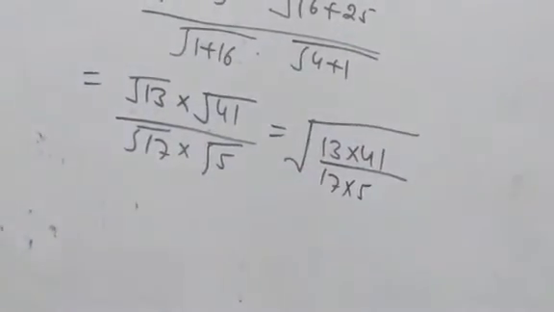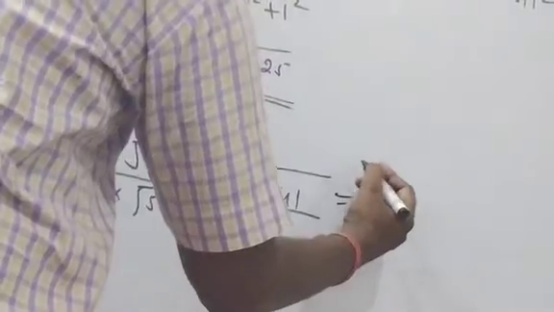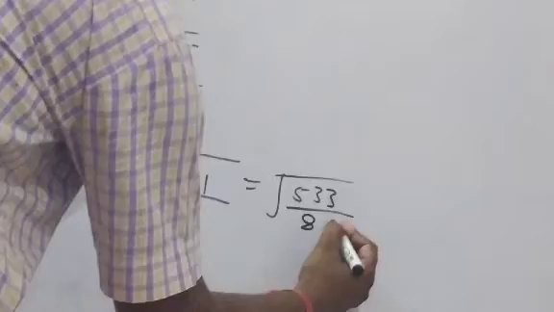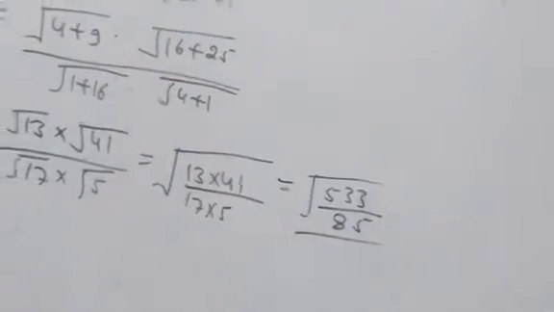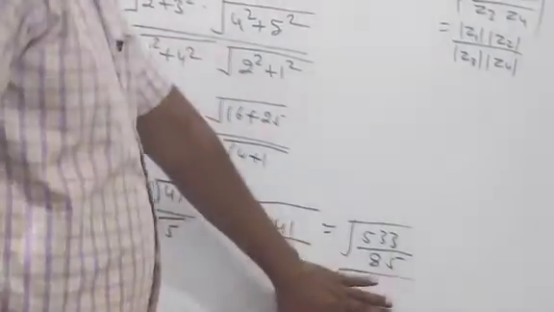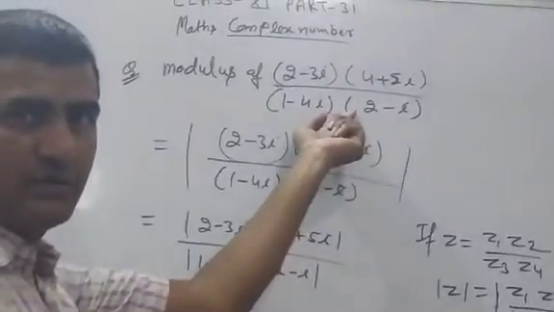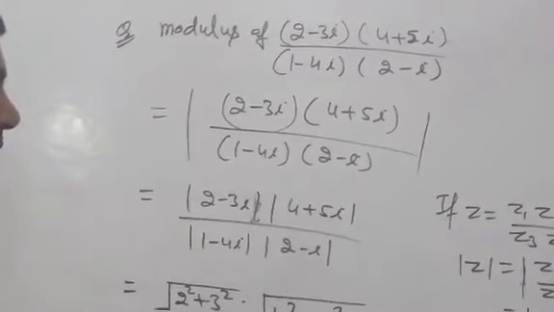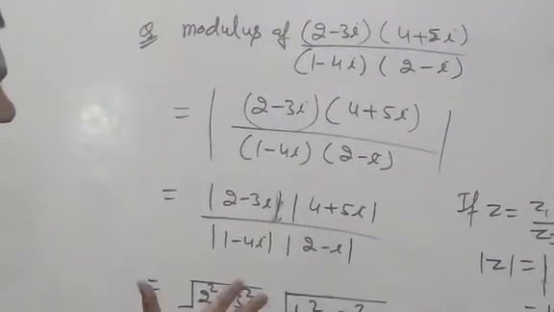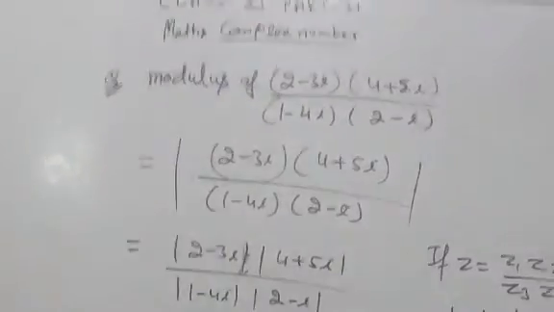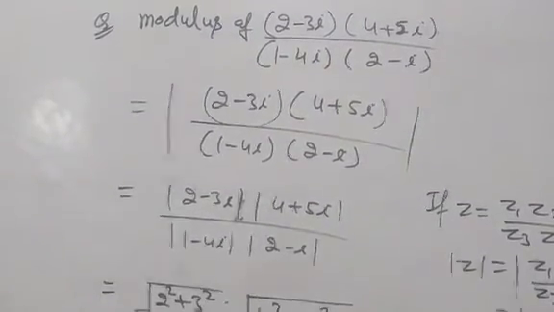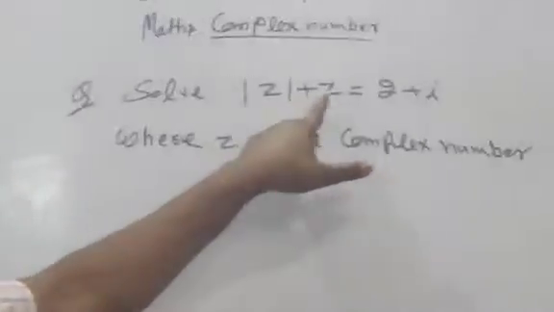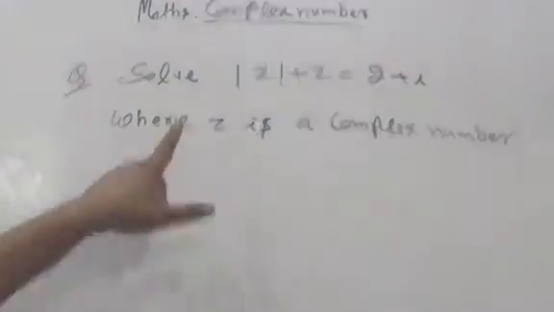Here, now is equal to under root 533 upon 85. Clear? Now this is the magnitude of the given question. Okay? Then it is not compulsory or bounded. Without using the property, with the help of the property also you can do according to the question. Understood? Okay.